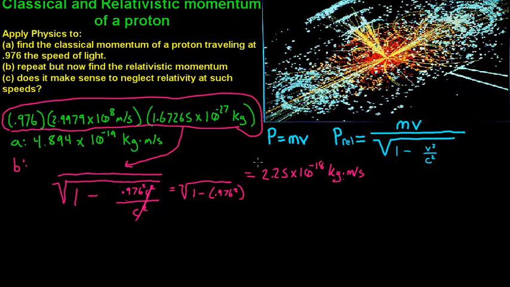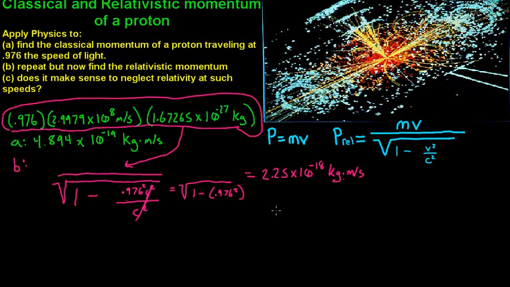Okay, so for C, does it make sense to neglect relativity at such speeds? And well, it might seem that these answers are pretty similar, 4.894 times 10 to the negative 19th and 10 to the negative 18th. The numbers are very similar.